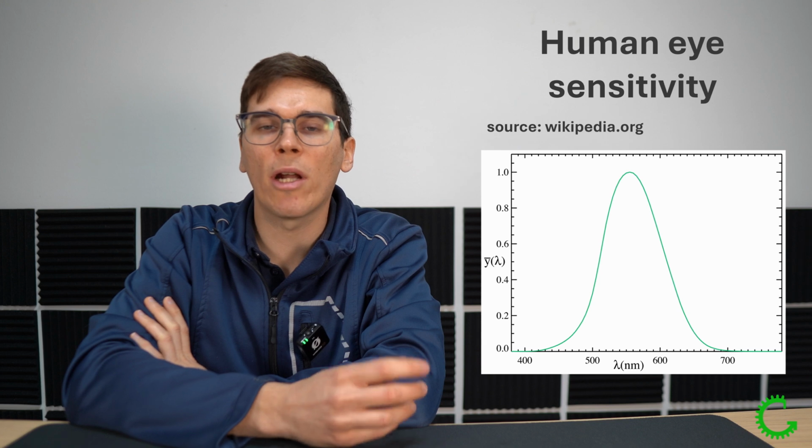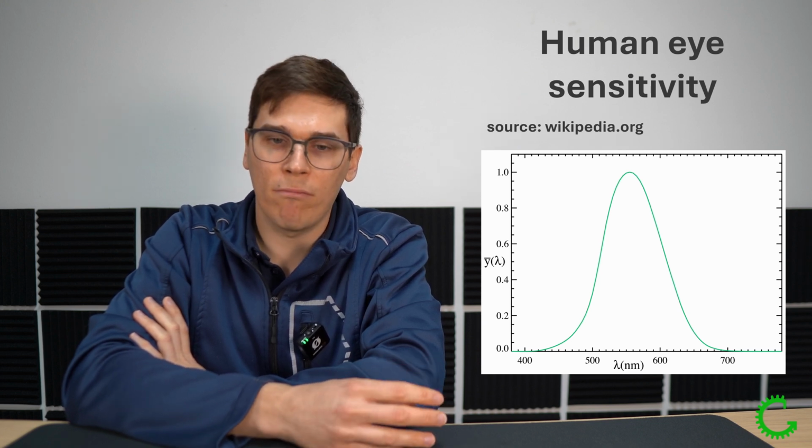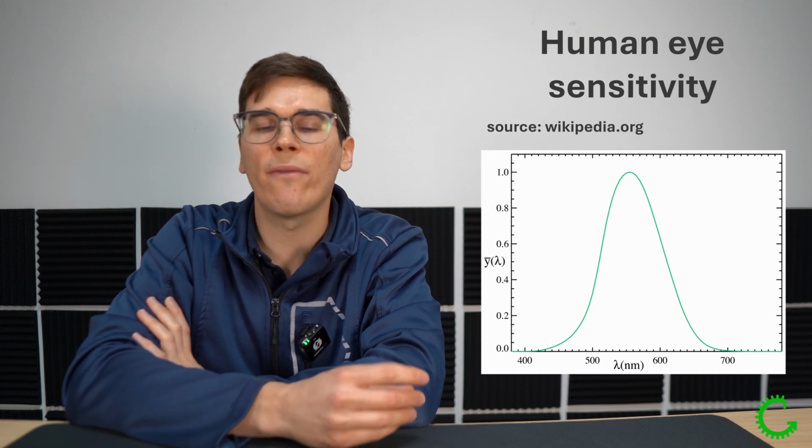This is because our eyes are sensitive in different ways, even inside the visible light, to different wavelengths, so we are more sensitive to some wavelengths, so some colors of the light.